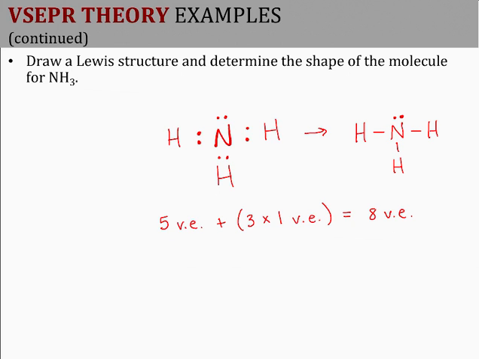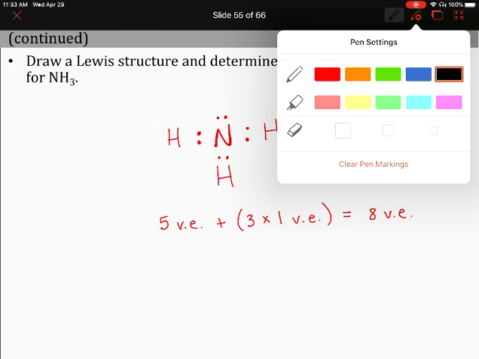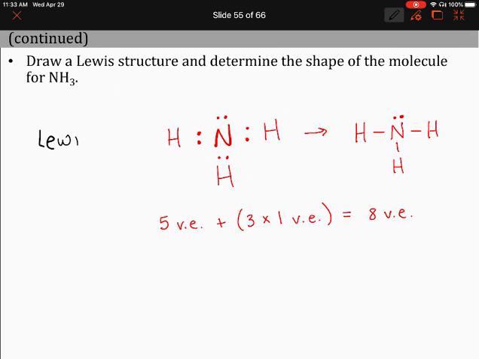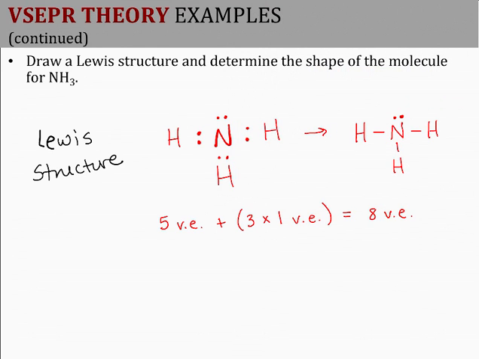Okay, so if we now know the Lewis structure, we can determine the geometry or the shape. All right, so remember that we're going to treat bonding and non-bonding electrons the same. So we do have 3 bonded hydrogens and then 1 lone pair of electrons.